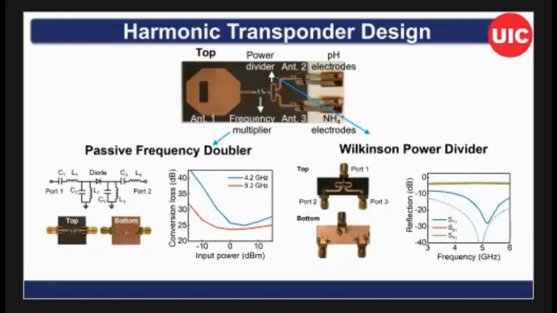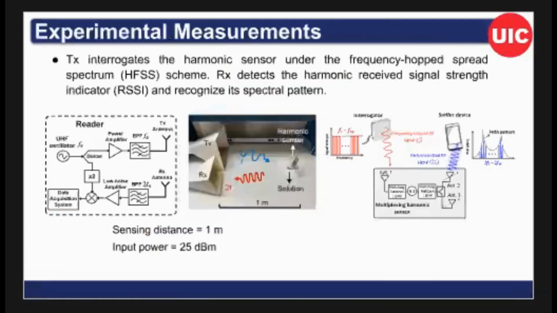We can find this structure in a microwave engineering textbook. This is a proof of concept, and we didn't optimize it. Theoretically, we can push the limit to 96 dB, and this is just a 3 dB power divider.